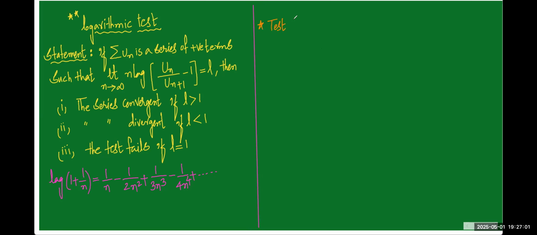Test the convergence of 1 plus 2x by 2 factorial plus 3 square x square by 3 factorial plus 4 power 3 x power 3 by 4 factorial plus and so on. And here x is positive.